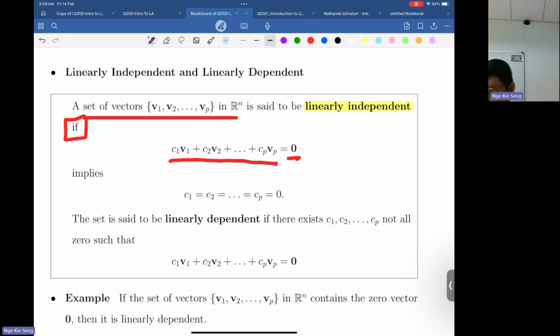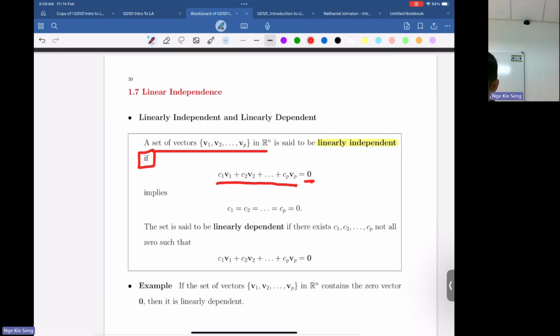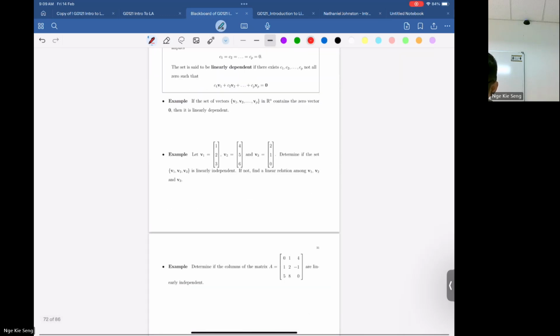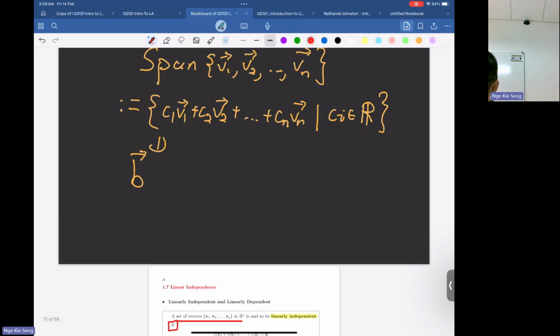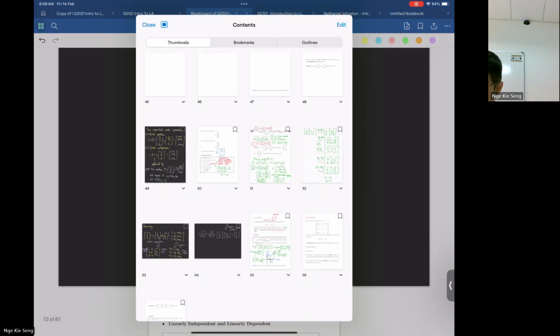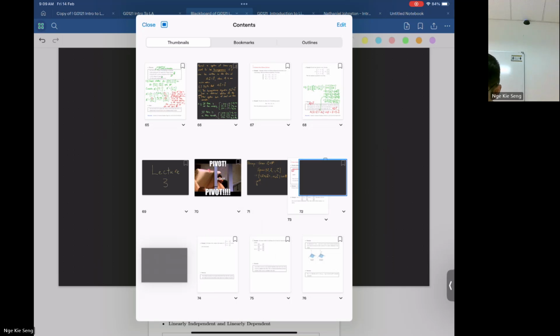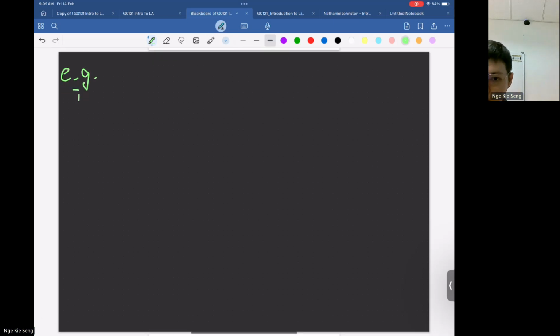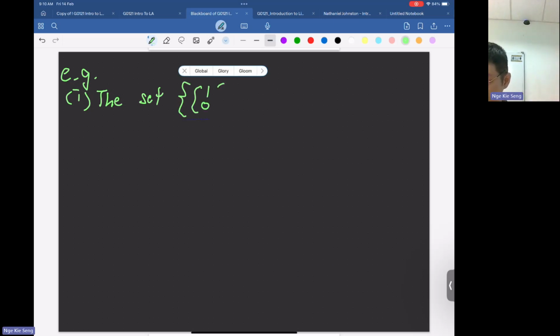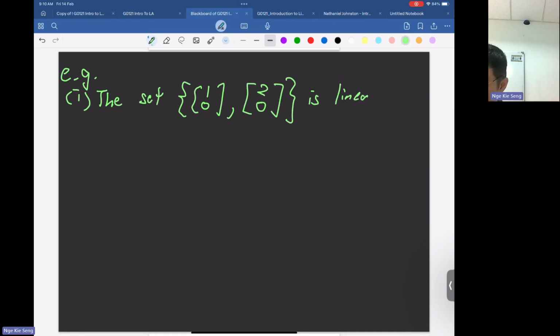Let me give you an example. We claim that the set (1, 0), (2, 0) is linearly dependent.